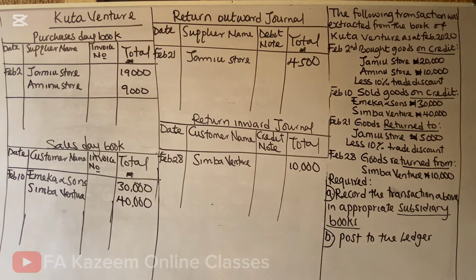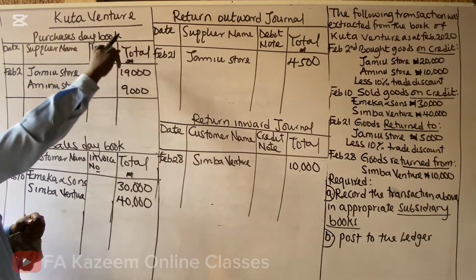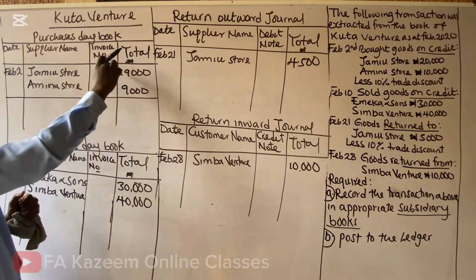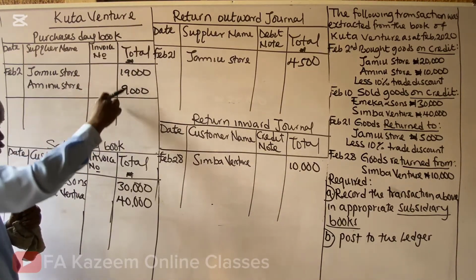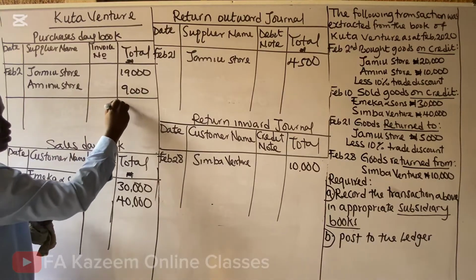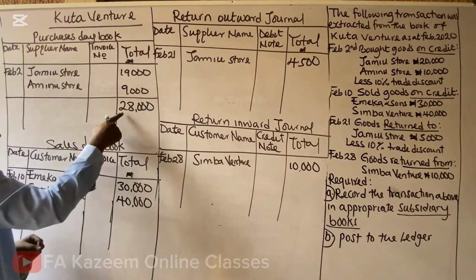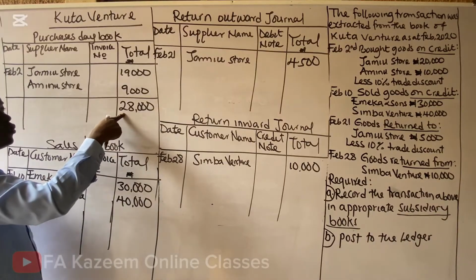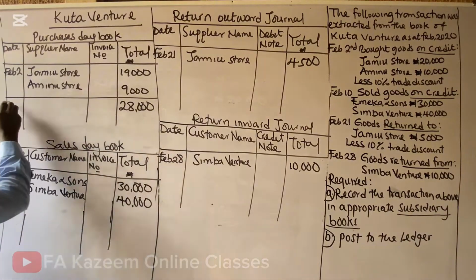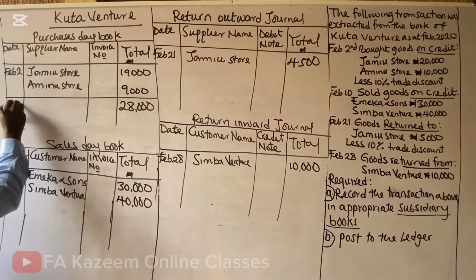You don't leave the subsidiary book open. You have to balance the subsidiary book. How do we balance? In the purchases day book, you add all the totals together, and this is 28,000. This means the total goods bought from suppliers in the month of February, and that is February 28th.